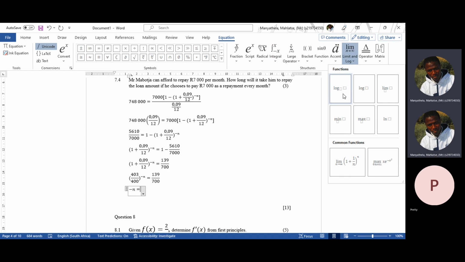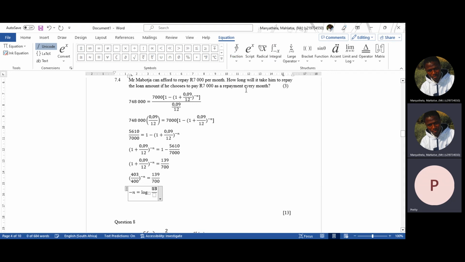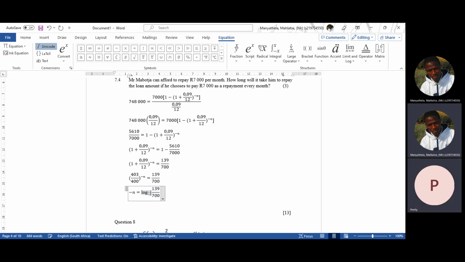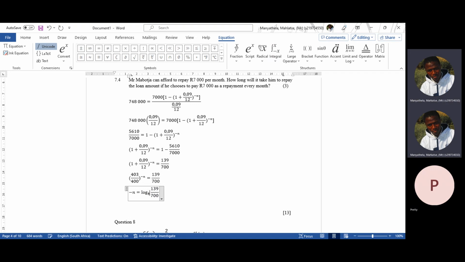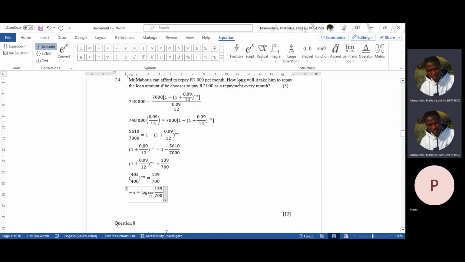So we'll say negative n equal to log 139 over 700 to the base 403 over 400.